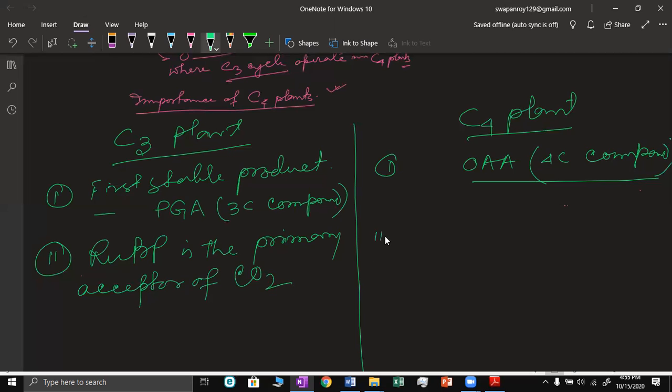Here, who accepts the carbon dioxide? Here, PEP is the primary acceptor of carbon dioxide.